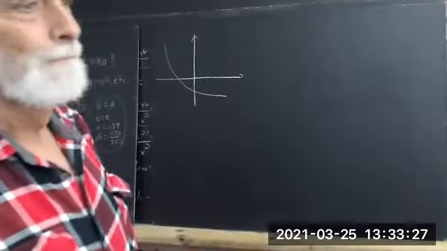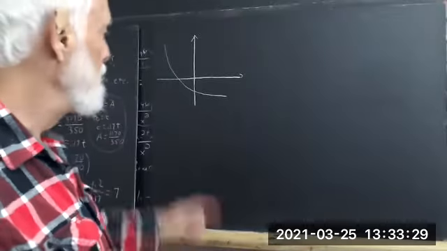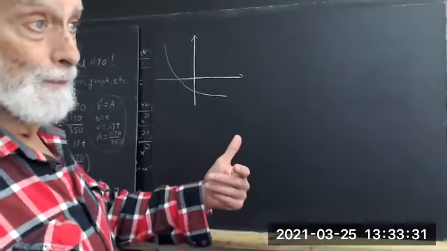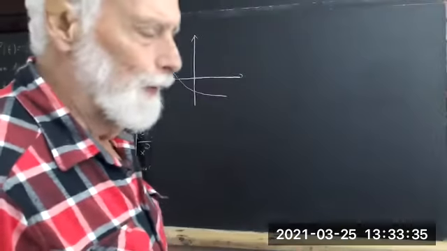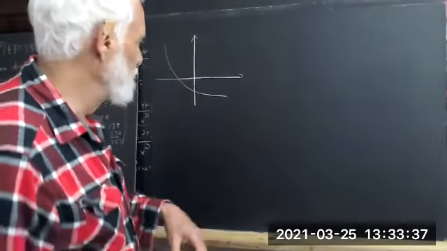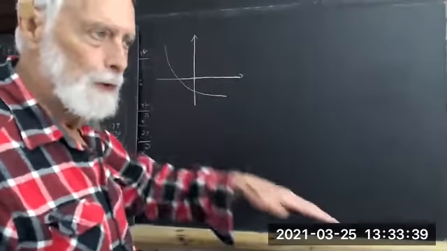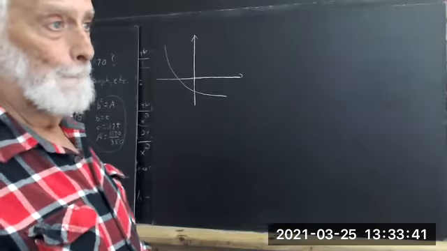Now, this is an exponential function for b less than 1. If b is less than 1, and of course greater than 0, because it's not even defined if b is less than or equal to 0, that's going to give you a decreasing exponential.